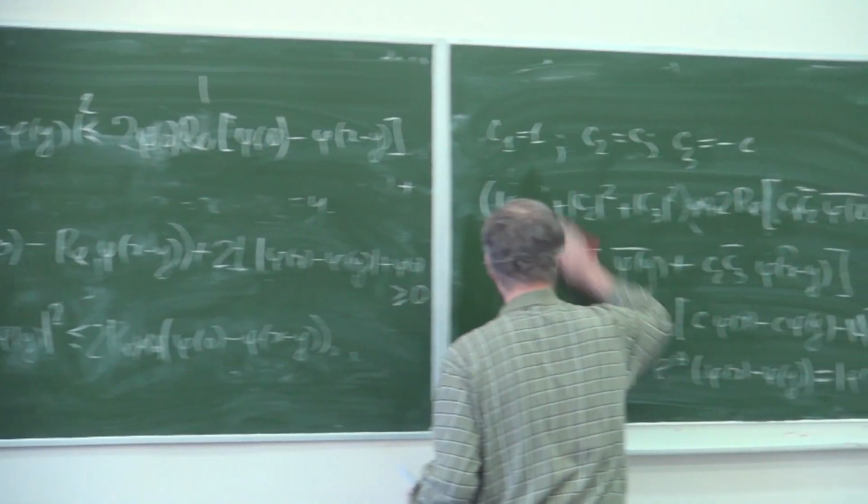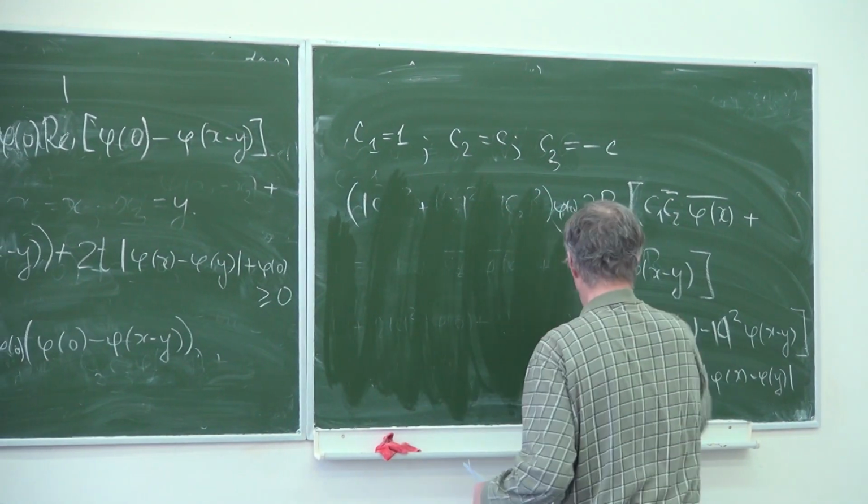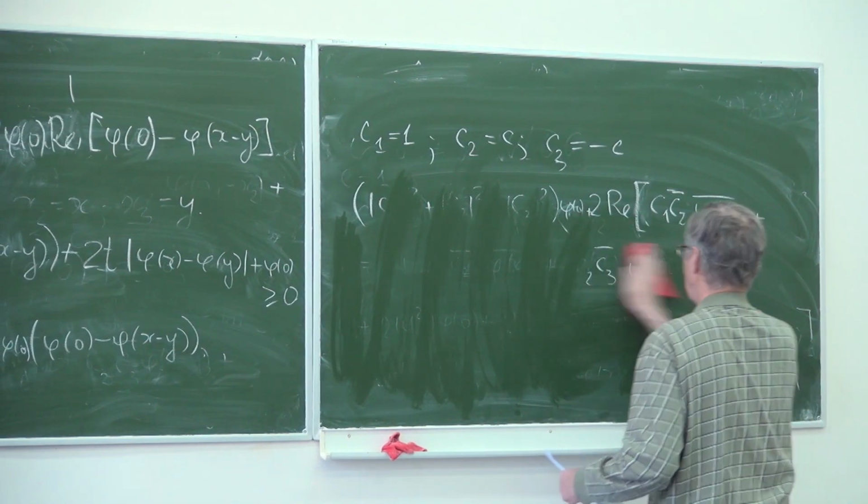Now we turn to the difficult part of the Bochner theorem.